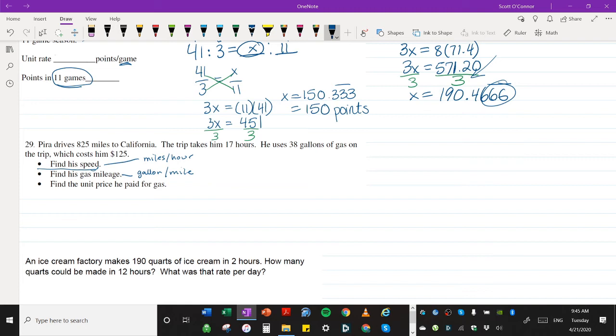And the unit paid for gas is going to be dollars per gallon. So you can use that to solve the questions for number 29.